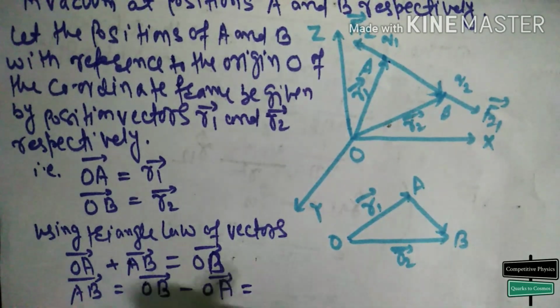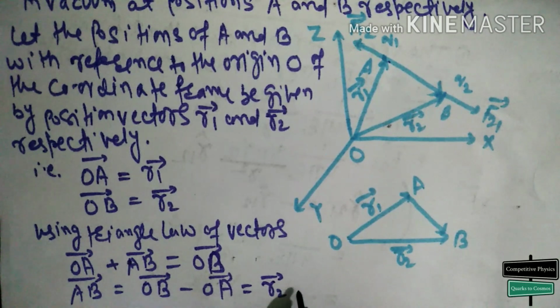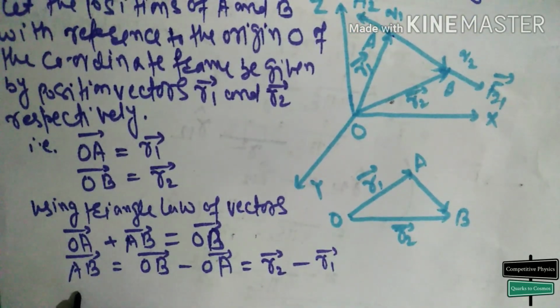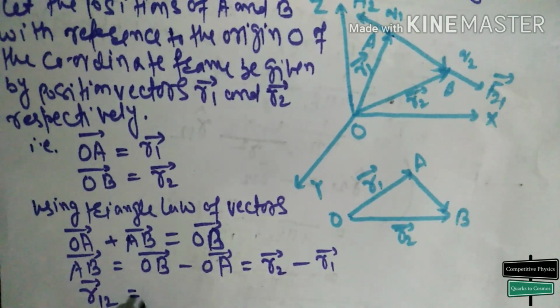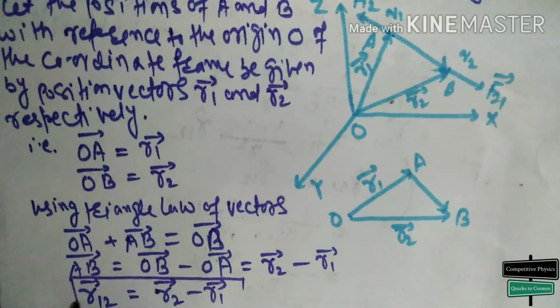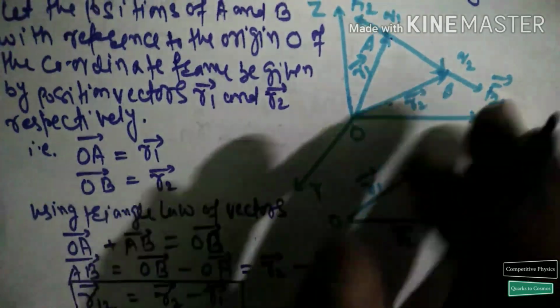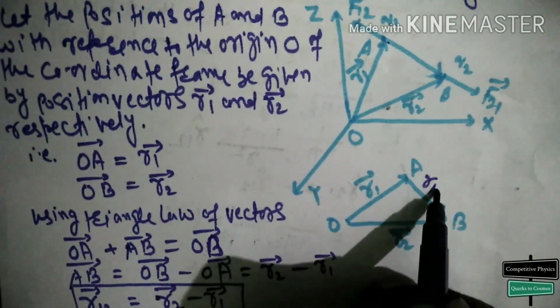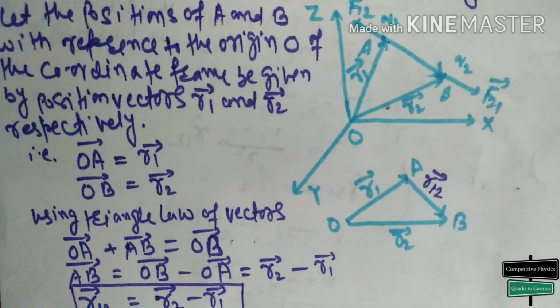That is, OB is r2 and OA is r1. So I can write r12 equals r2 minus r1. So here you can represent this as r12.